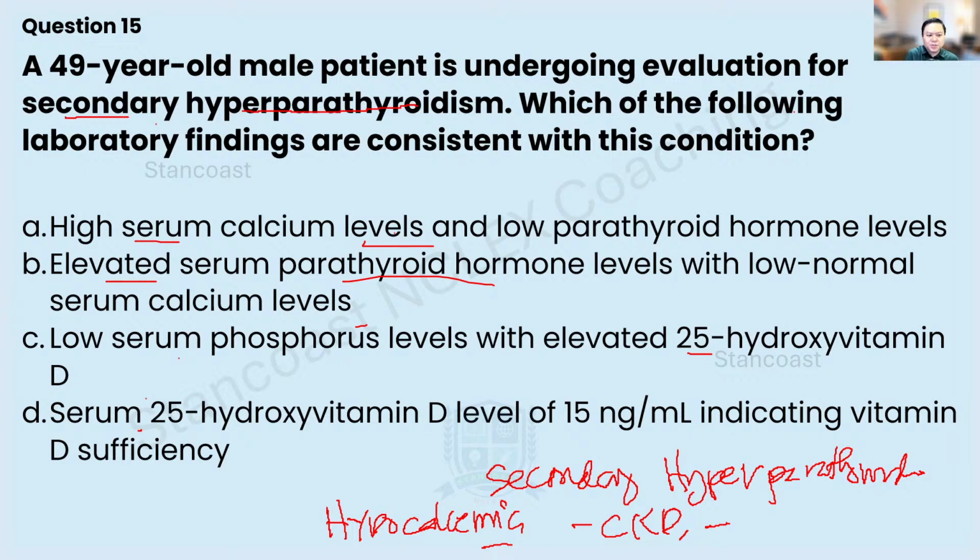So if you answered letter A, which is reflecting low PTH, this is incorrect. They should have an elevated serum PTH. Okay? And they will have low to normal serum calcium levels.